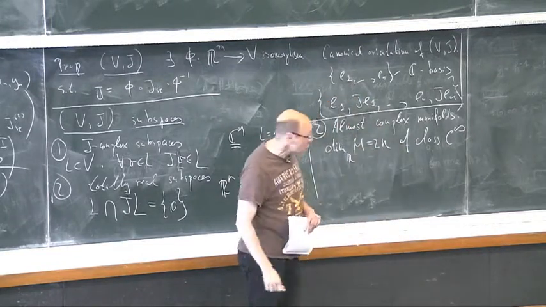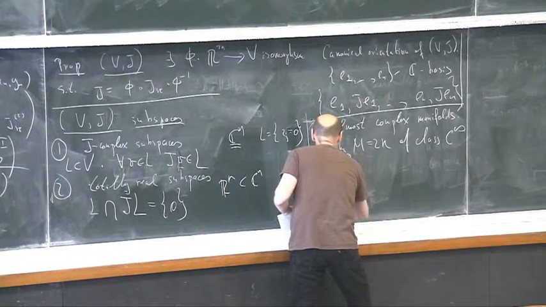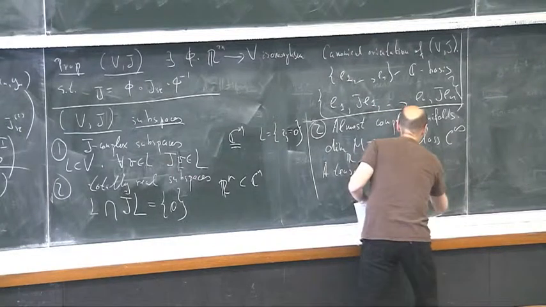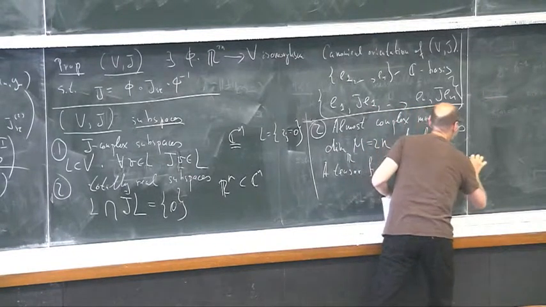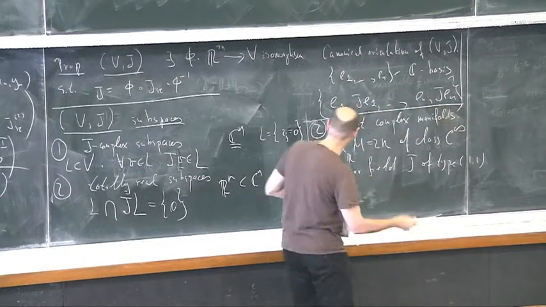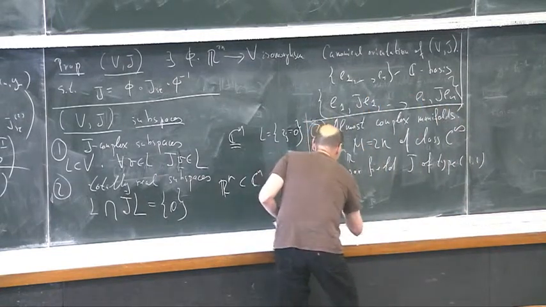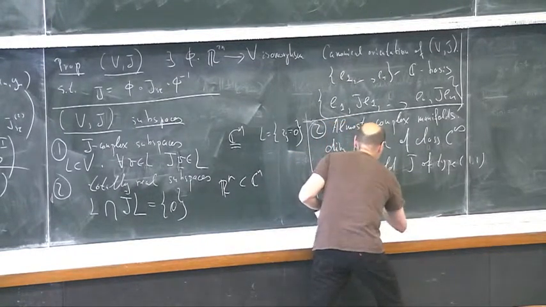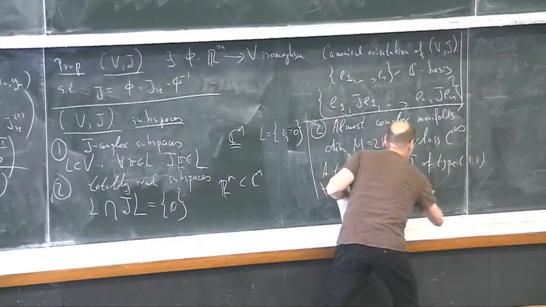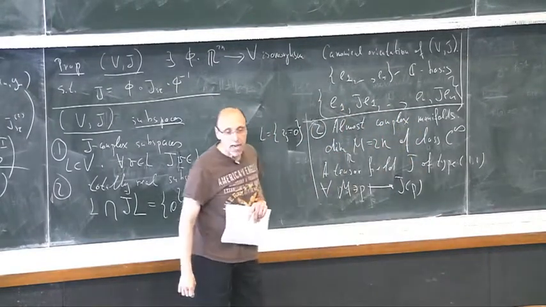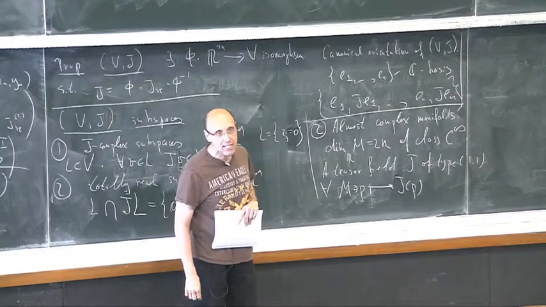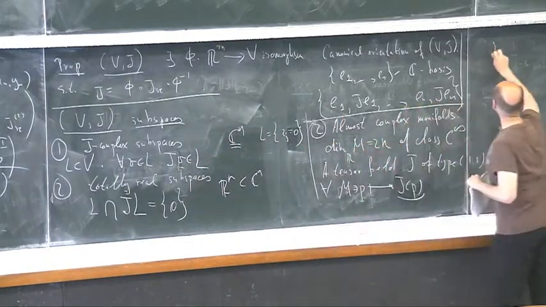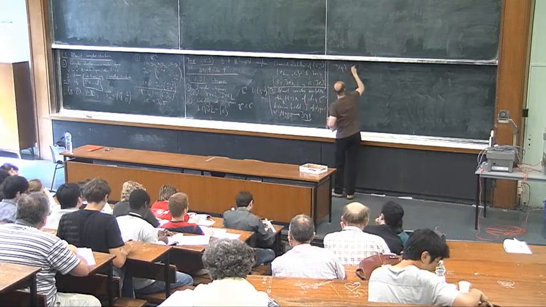So now consider a tensor field J of type (1,1) on M. This means simply that this is a map which for every point p from M associates J(p), which is a linear map of the tangent space to M at point p to itself.